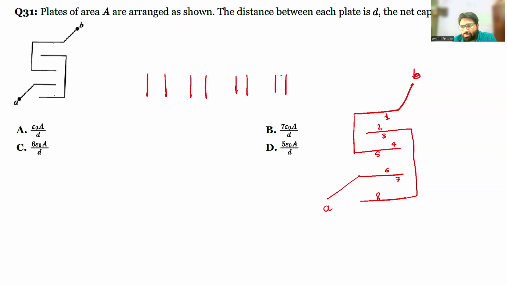Now 2 and 3 are also connected with this line. Let's number them also 1, 2, 3, 4, 5, 6, 7. Now connect those plates which have odd numbering, like 2, 3, 4, 5, 6, 7. Okay. So connect them with the line.